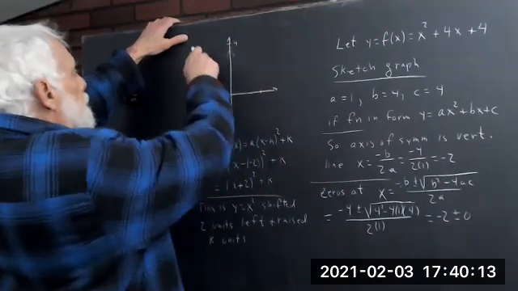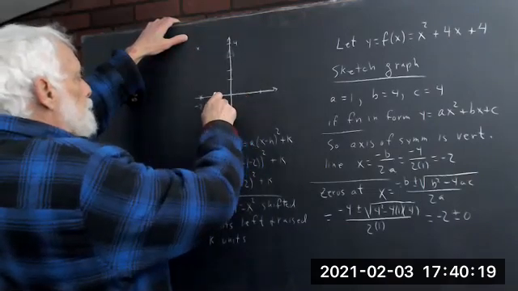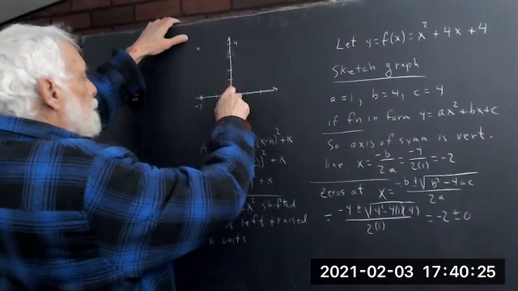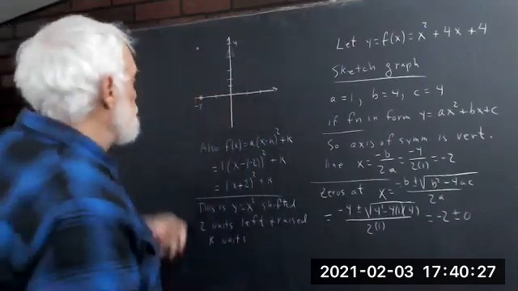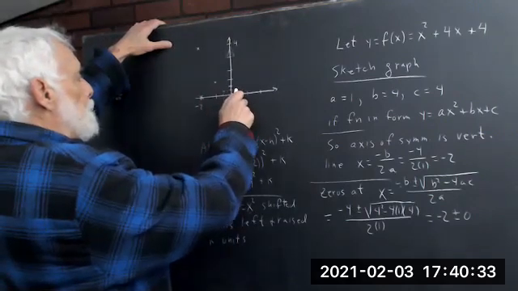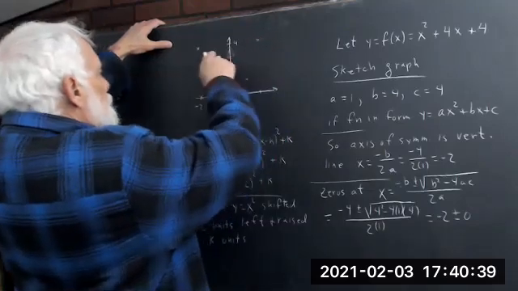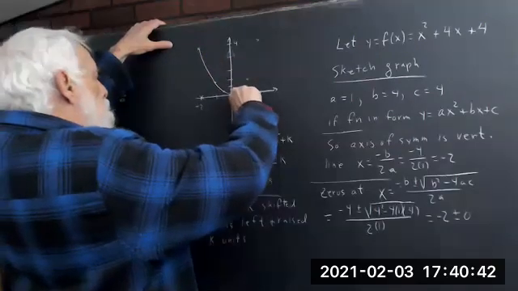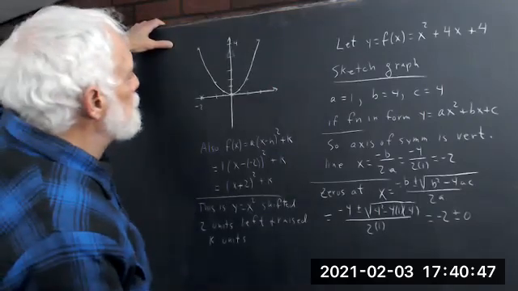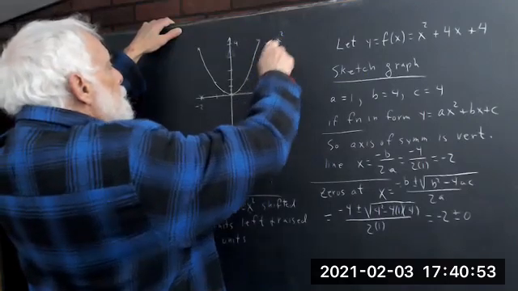Put 4 up here. And without going through all the details, we do the usual subdivisions. We plot our points. We sketch our curve. And here's our y equals x squared graph.